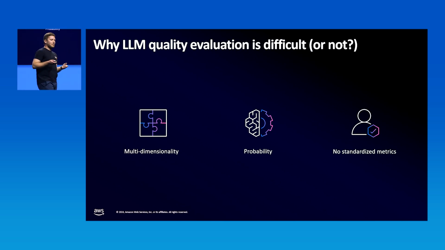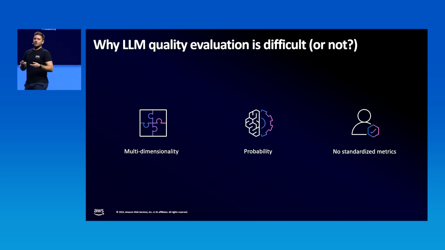What I mean with this is basically you have multiple dimensions that play into the quality of an LLM. For example, you could measure how relevant the answers that an LLM gives are, so the answer relevancy. But you can also measure how factually correct the model is. Does it hallucinate, or does it contain any fake information, any made-up information, which is obviously not good for the quality?